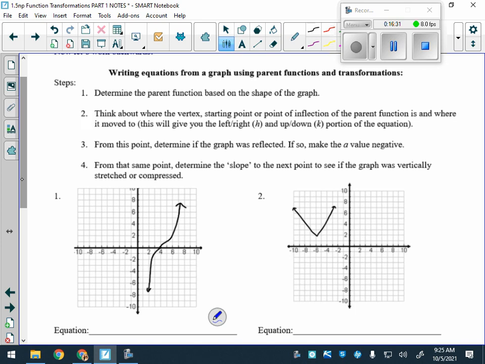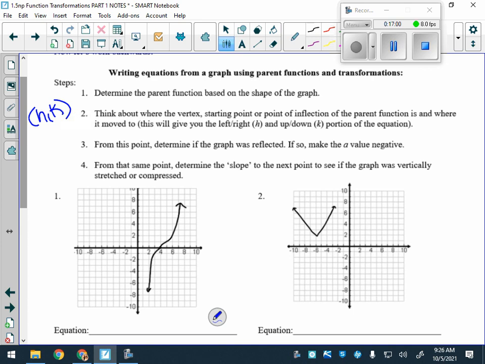The parent function could be cubic, square root, absolute value, or quadratic. Then you want to think about the vertex, starting point, and point of inflection, which is h, k. That helps you with this graph a lot.